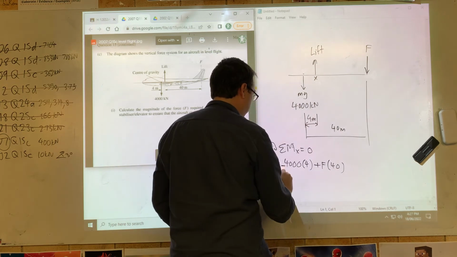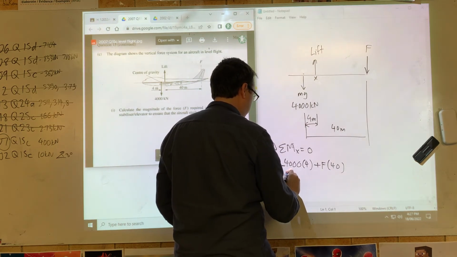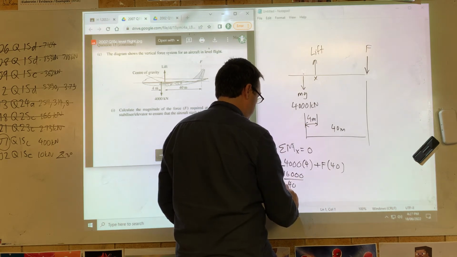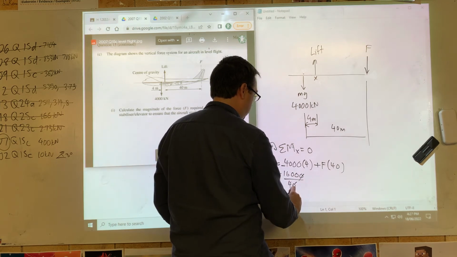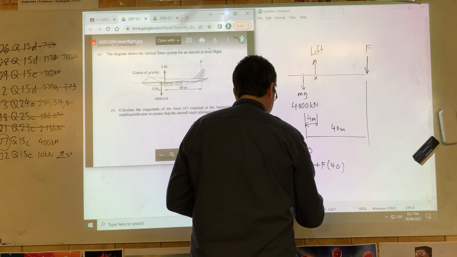So F equals 16,000 divided by 40, so that crosses out there, and it's going to be 400.